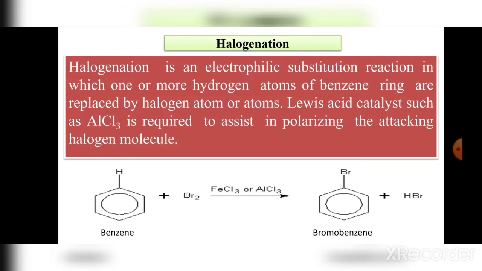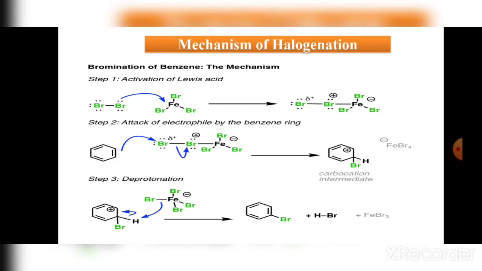Now, the mechanism of halogenation. Friends, here we discuss the bromination of benzene. It has some steps. Number one, the first step is the activation of the Lewis acid. That means here Br2 plus FeBr3.